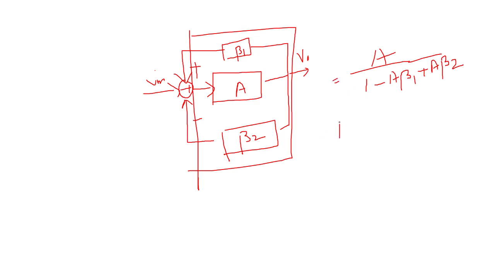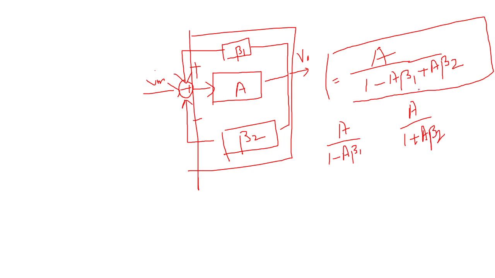So if it is positive feedback, it is A by 1 minus A beta 1, and if it is negative feedback, it is A by 1 plus A beta, right? When both are there, solved, it will be A by 1 minus A beta 1 plus A beta 2. A beta 2 is due to the negative feedback given here, and minus A beta 1 is due to the positive feedback.